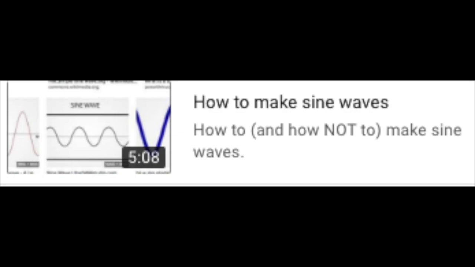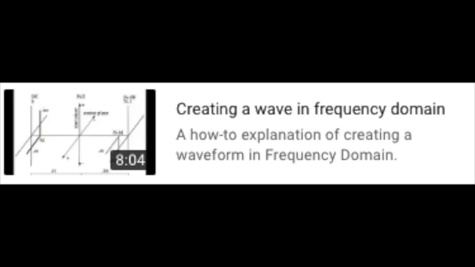And the way you do that is you go into Excel. Your PC ought to have Excel. And you can make a waveform in time domain or in frequency domain. Take your pick. And you can convert it into a wave file and listen to it.